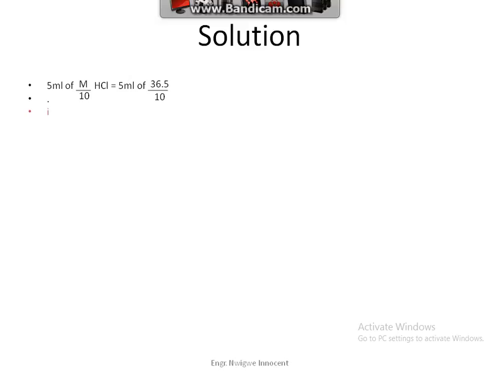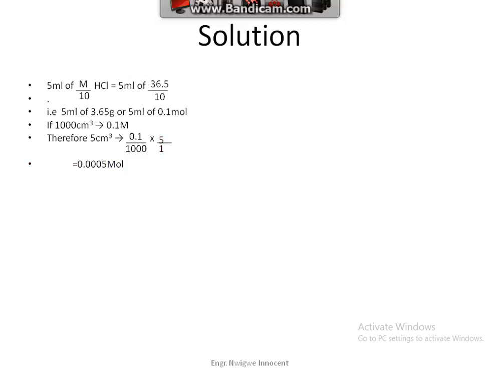5 milliliter of M over 10 hydrochloric acid is equal to 5 milliliter of 36.5 over 10. That is 5 milliliter of 3.65 gram, which is 0.1 mole. If 1000 cm cube is equivalent to 0.1 molarity, therefore 5 cm cube is equal to 0.1 over 1000 times 5 over 1, which is equal to 0.0005 mole.